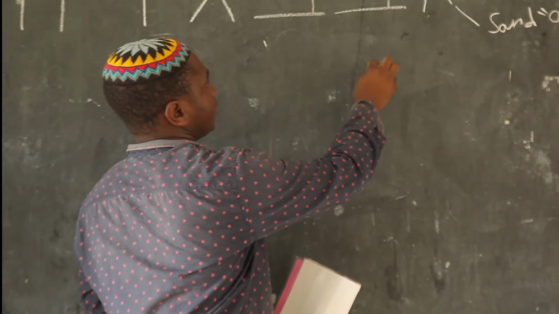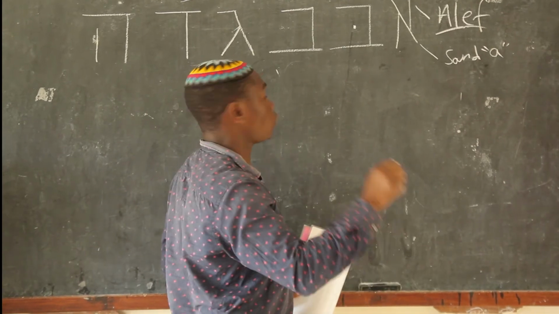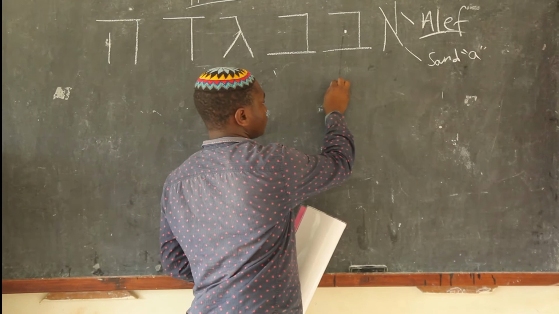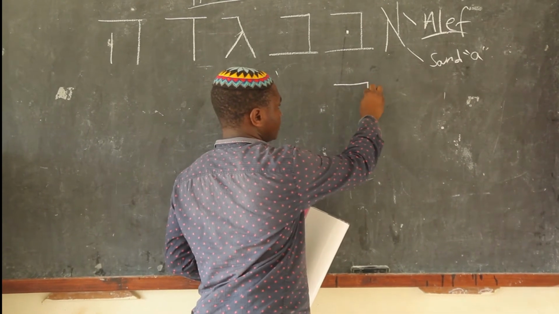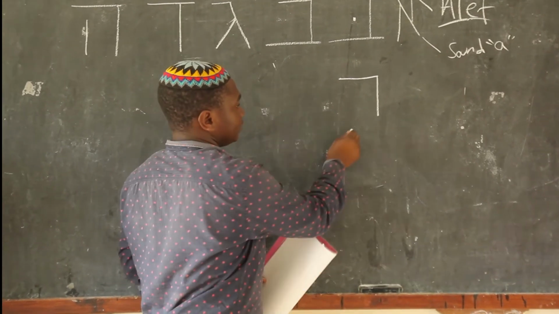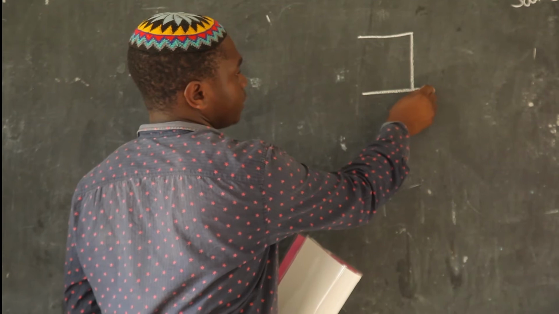So Bet is written like this. It has two or three steps, as we are going to see. You first draw something like this, then you draw a baseline like this. But the baseline should prolong itself.